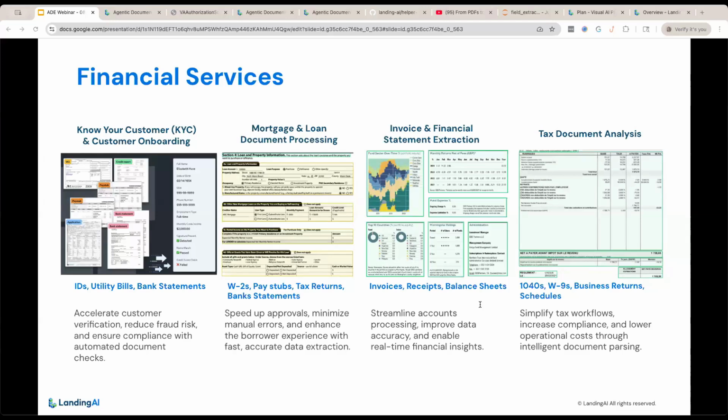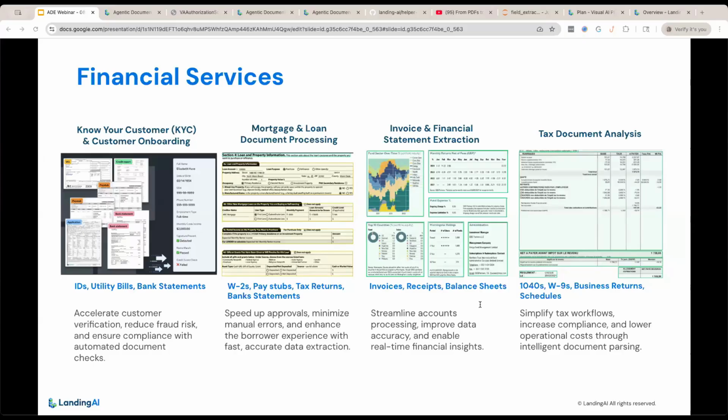And we have come across these with our customers for know your customer and onboarding. So our service is able to process different IDs, utility bills, bank statements to facilitate accelerating verification, fraud reduction, and compliance.